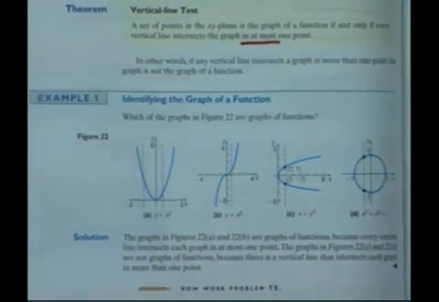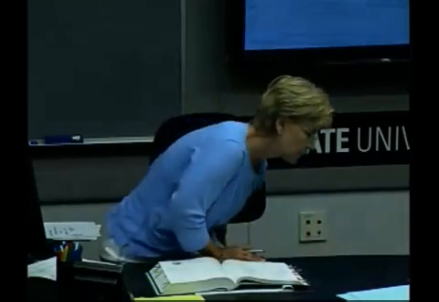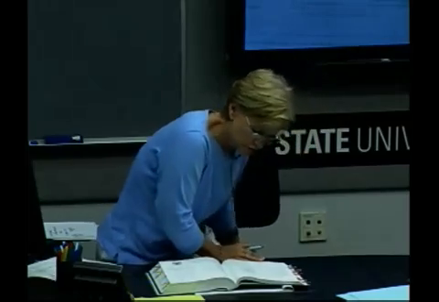Okay, so now I thought the examples in the book were really the very best for going over this, so we're going to go to the exercises. The first thing we're going to do is be given a graph. We're looking at page 224, and a lot of this is just making sure that we're communicating the words, what the symbols mean.